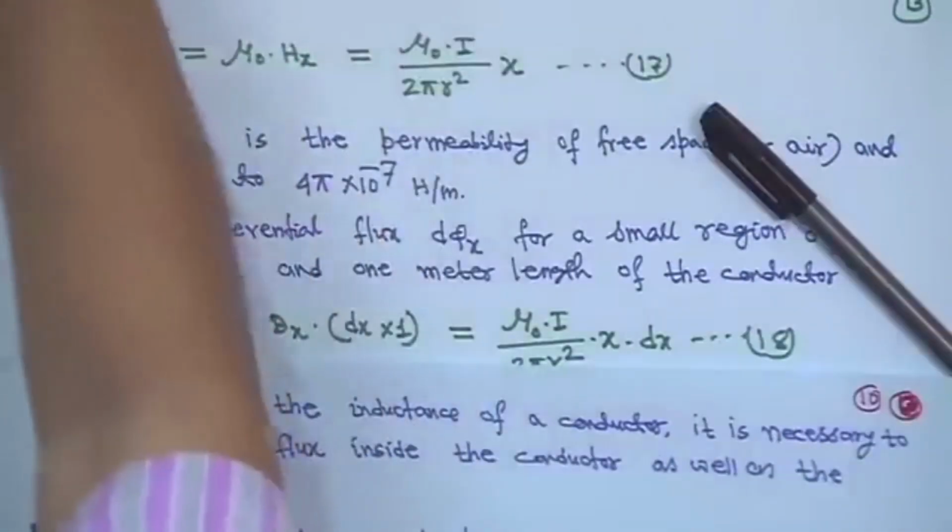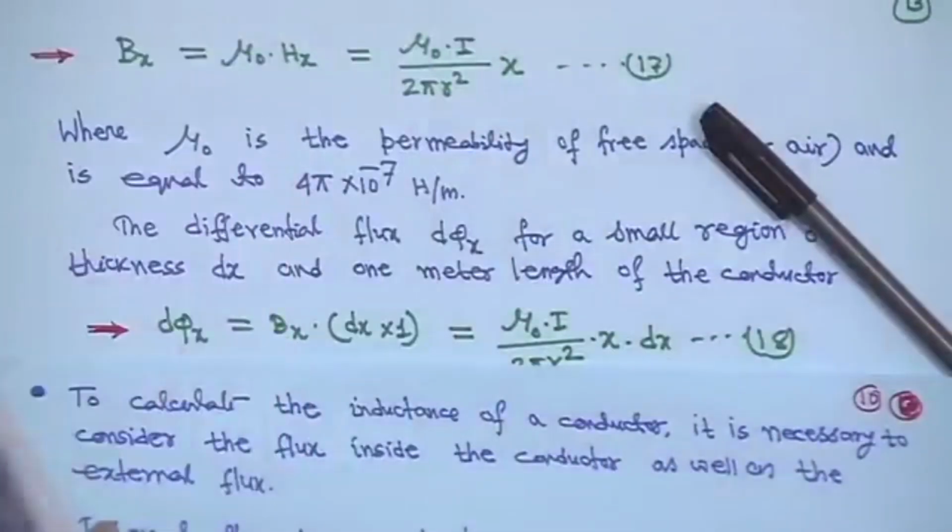It is something like this: suppose this is your conductor, this length is 1 meter, and this thickness is dx. If you fold it, this thickness is dx and this length is 1 meter, so the area will be dx into 1 square meter. I think you have got it.